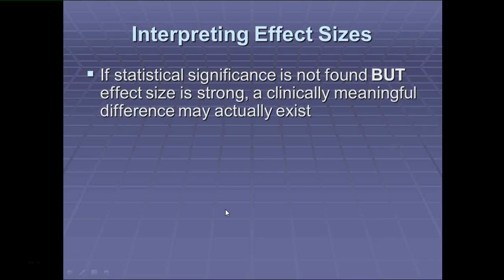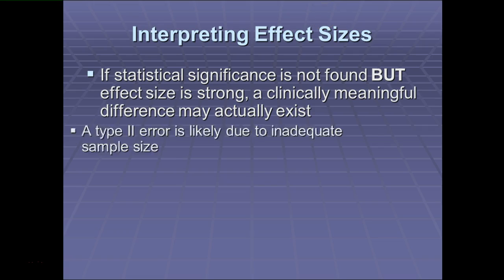As we move on into interpreting effect sizes, I think these are some of the more powerful interpretations. For example, if statistical significance is not found, but the effect size is strong. What I'm saying here is, what happens if p is not less than 0.05, it's greater than 0.05, but you have, let's say, a 1.0 on the effect size? That's still very clinically meaningful, meaning this treatment intervention could be a good one to use in your clinical practice.